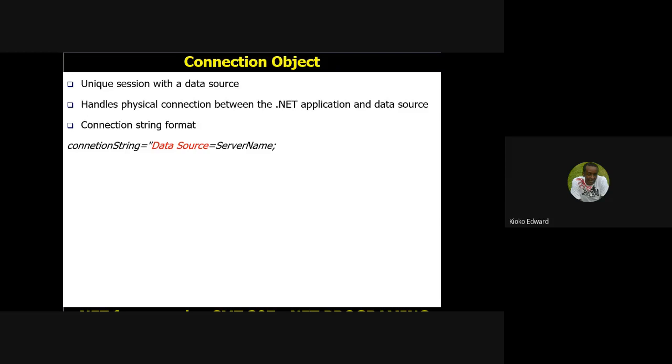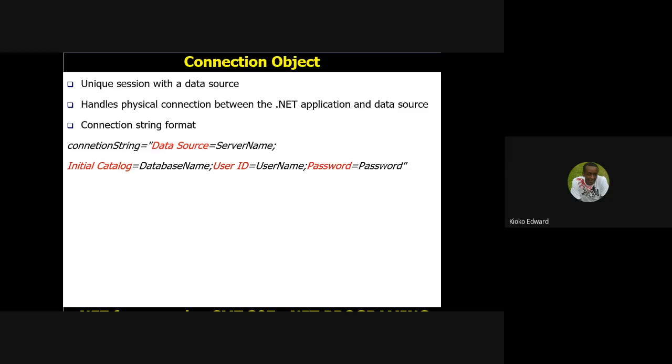So this is how the connection string looks. We define a variable we are calling the connection string. Number 1, the connection string will have a data source. This data source will be the server where our database is hosted. If the data source is on the local machine, then the server name will be localhost.